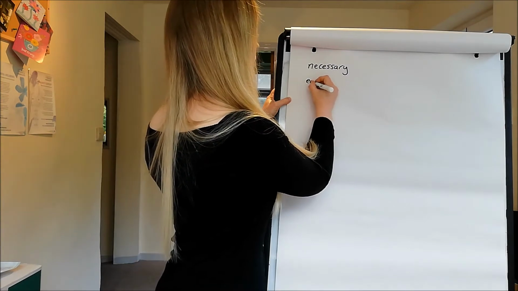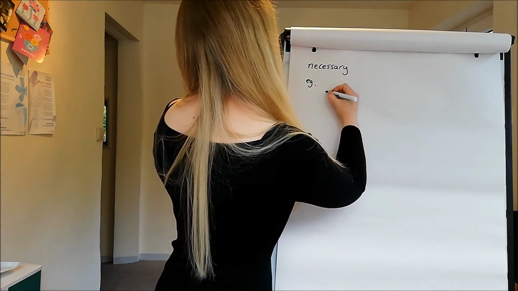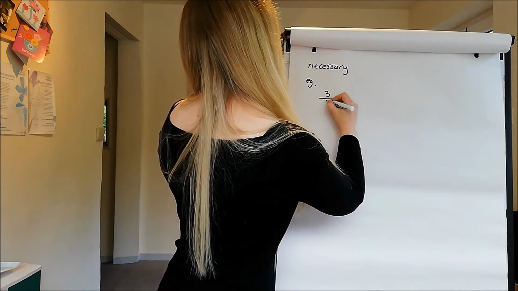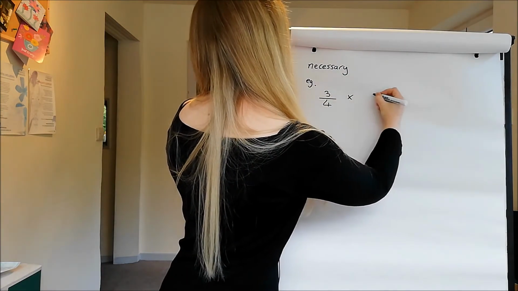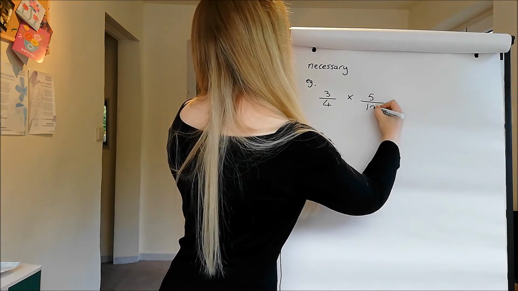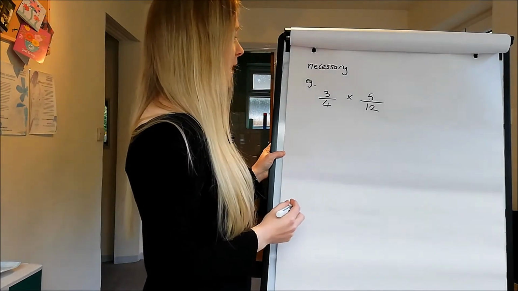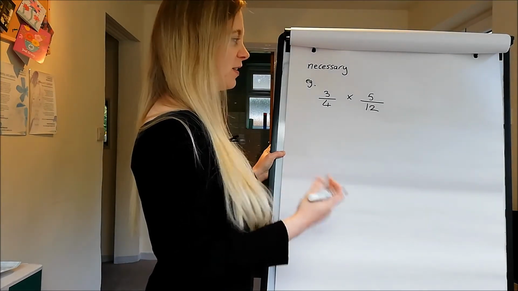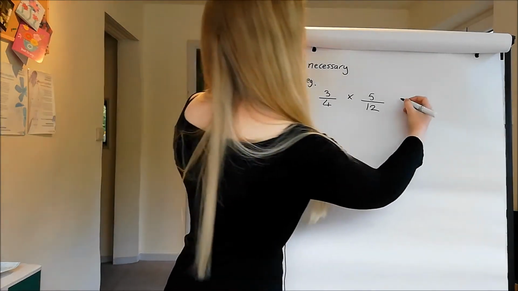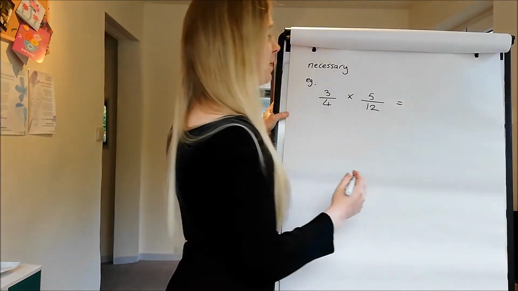So if we put e.g. 3/4 times 5/12. So if you pop that down, and then this is the one that everyone likes because it is exactly as you expect it to be.